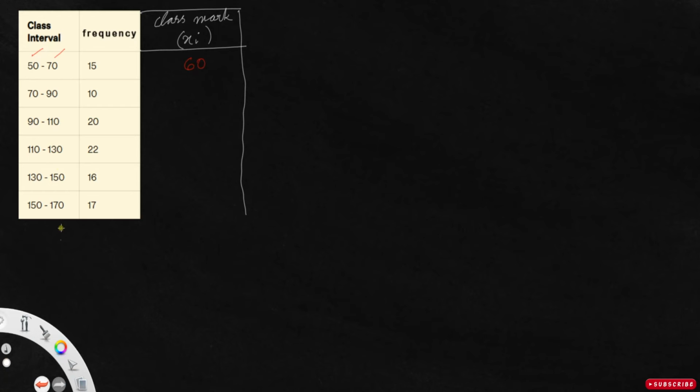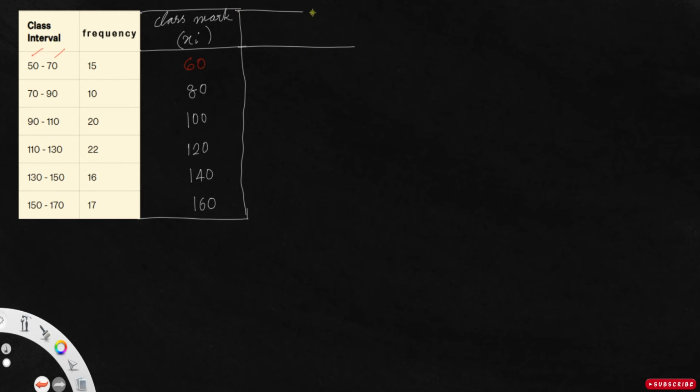Now the average of 70 and 90 is 80, then 100. In another way, you can find the difference of 80 and 60, which is 20, and add that 20 to each class mark to get the next. So 100 plus 20 is 120, 120 plus 20 is 140, 140 plus 20 is 160. So that's xi.